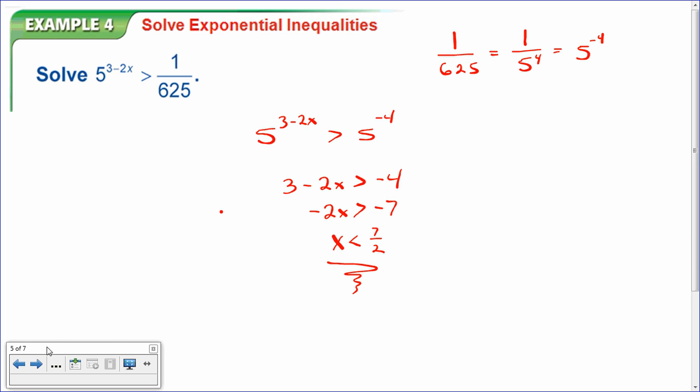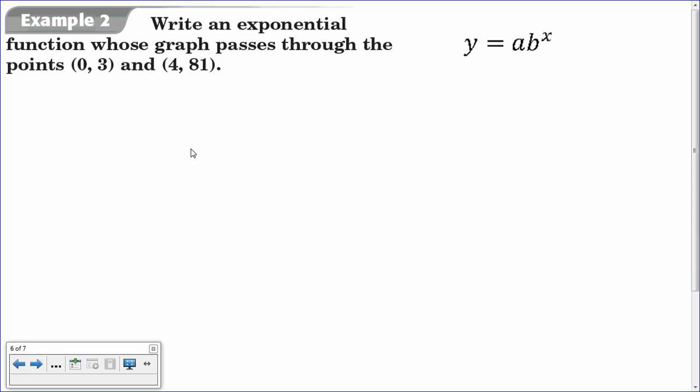Now my last objective here is writing an exponential equation. All exponential equations follow this form: y equals some number times another number to the x power. Alright? Now I want you to notice here, on this problem right here, and on your worksheet, all of them will begin with 0 something. This is your x number and this is a y number.